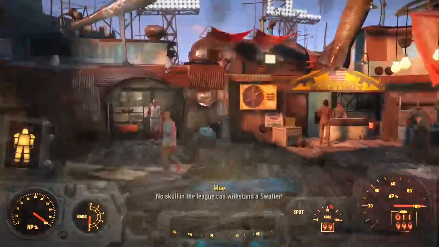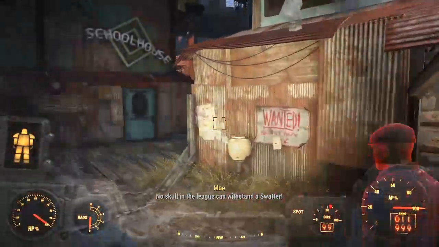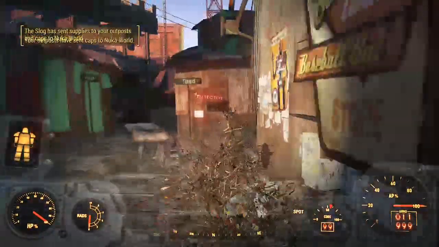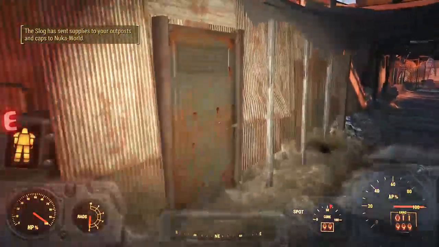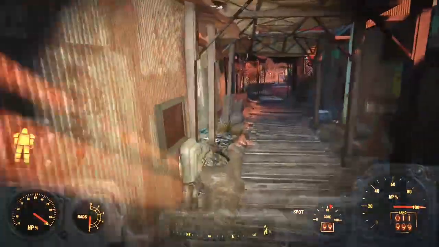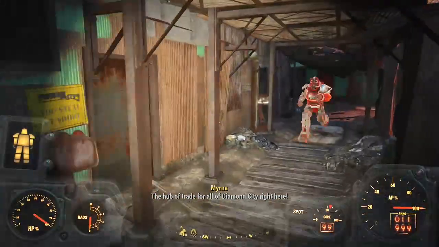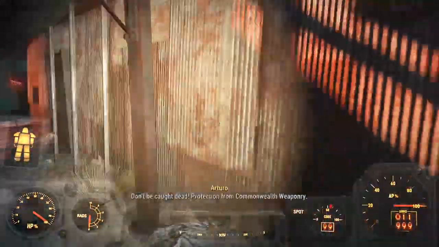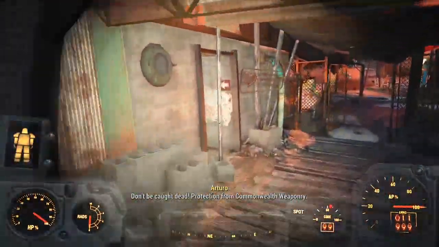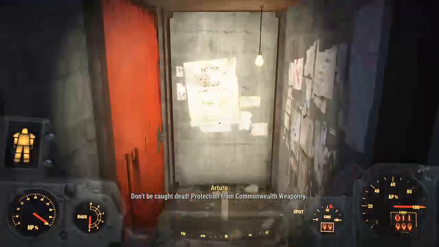No skull in the league can withstand a swatter. Hub of trade for all Diamond City right here. Don't be caught dead! Protection from Commonwealth weaponry!